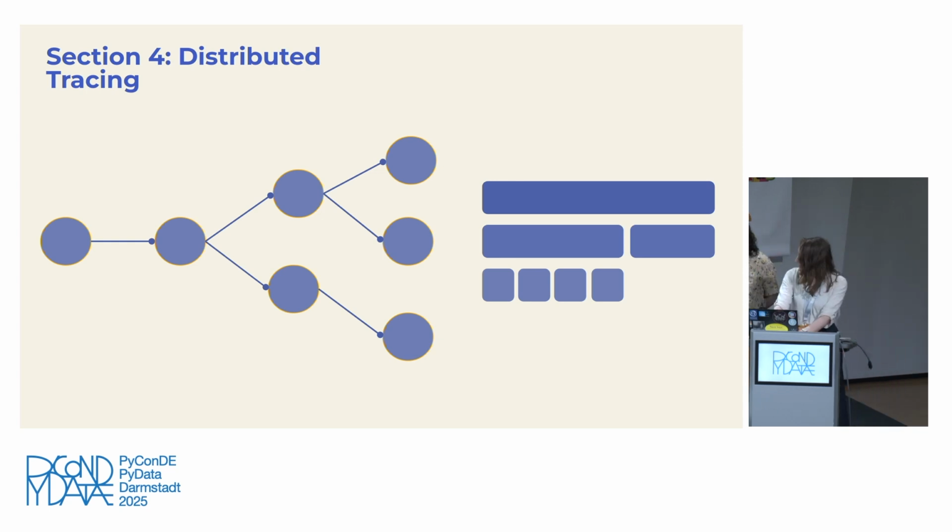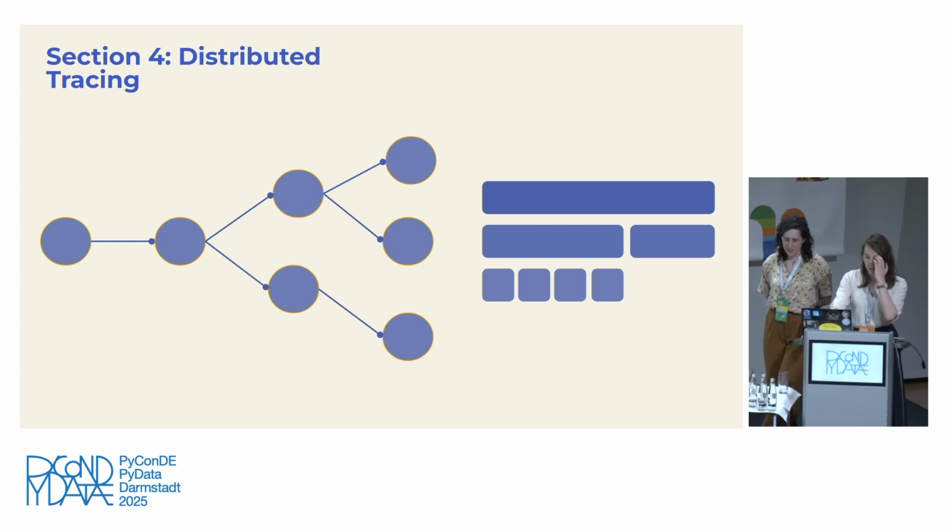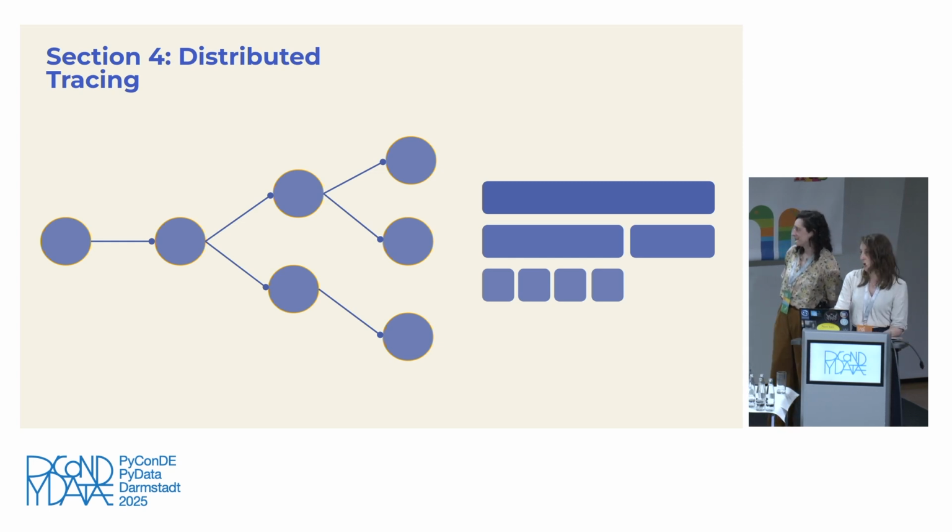Yeah, so like Emily mentioned, the key with distributed tracing is essentially the propagation of the trace context across service boundaries. The way that you could do it manually, if you wanted to, would be to get the trace ID of whatever span you're currently in.